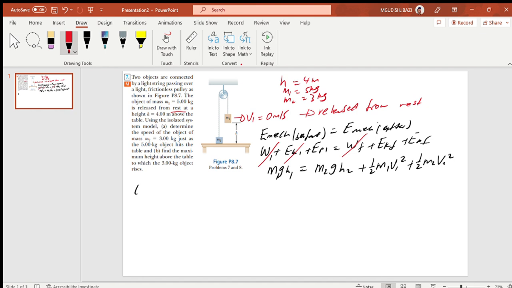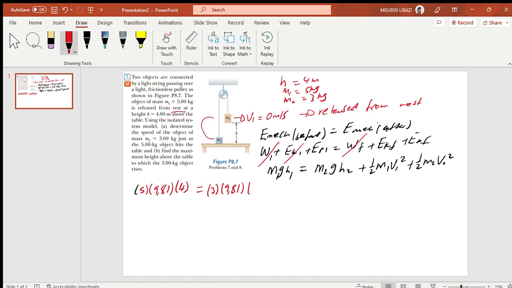So m1 is 5 kilograms multiplied by g, which is 9.81, can use 9.8 according to the question specification, multiplied by height h, which we said was 4 meters, is equal to mass m2, which is 3 kilograms, times 9.81 multiplied by height h2.